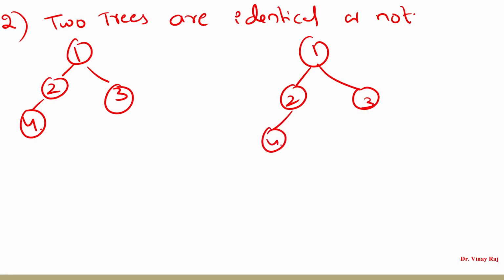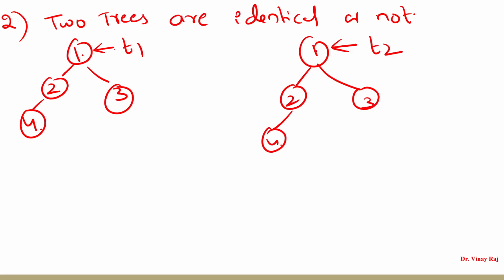There are two trees, right? We have to identify whether two trees are identical or not. So what you can do here to do that, right? This is my temporary 1, this is my temporary 2. You have to compare if T1's data is equal to T2's data.